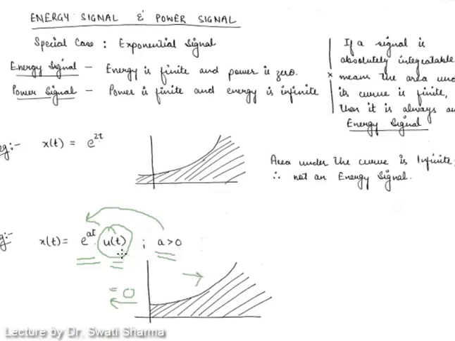So the existence of this exponential signal, which earlier was existing both on the negative and on the positive time axis, by simply multiplying this signal with a unit step signal, the signal would now start existing only on the positive time axis.